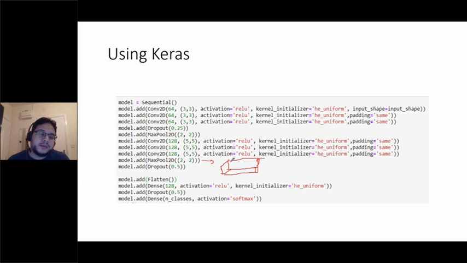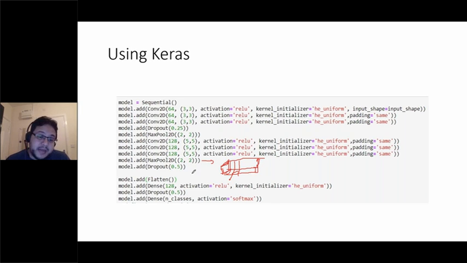So the output will be something like that. Do you agree with it? The number of feature maps and the size of the matrix after the last max pooling. So we got something like that.